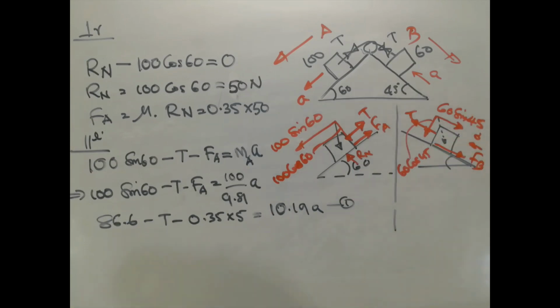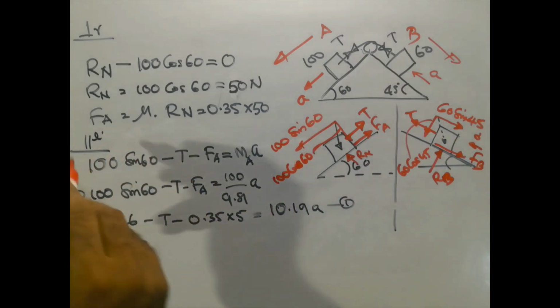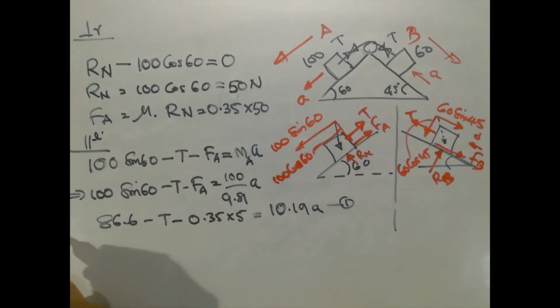So these are the forces acting on the block B, which is having 60 Newton weight. Then the normal reaction, let it be RB, at the contact surface of block B with the plane at 45 degrees.